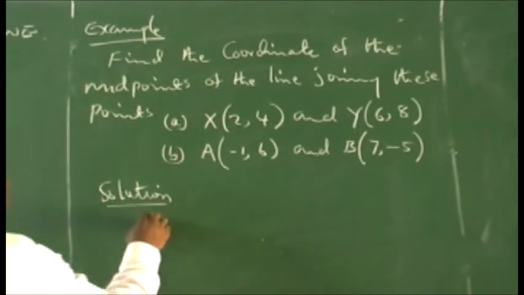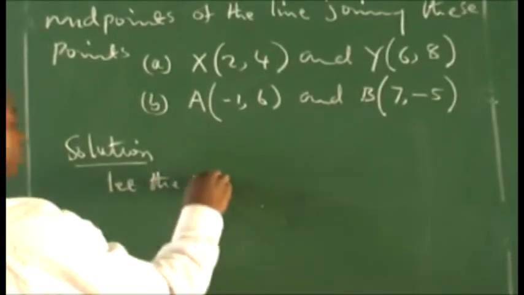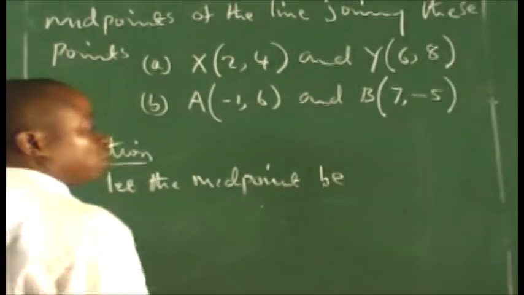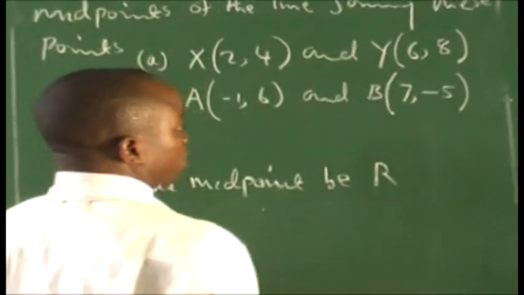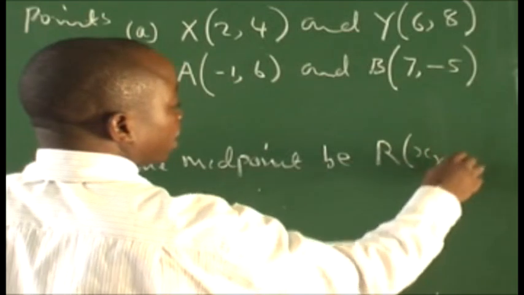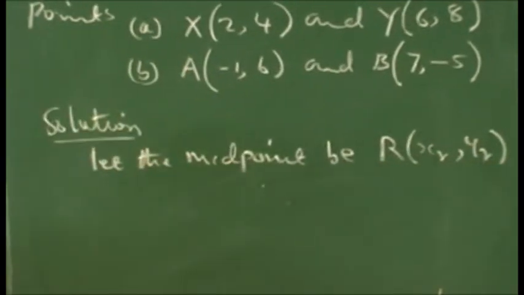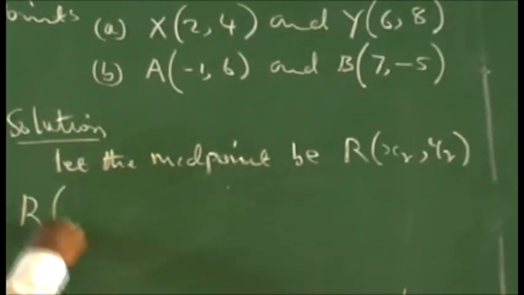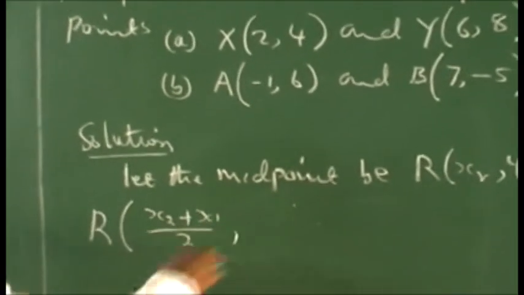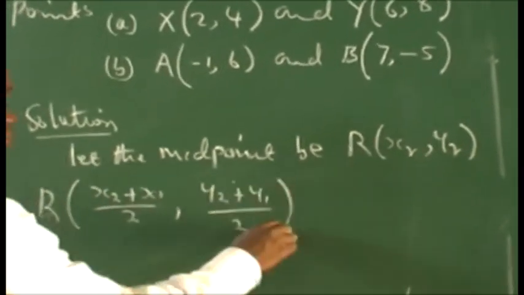We want to let the midpoint be R, so that I will have its coordinates XR and then YR. It means the coordinates of R will be S2 plus S1 all over 2, then Y2 plus Y1 all over 2. These are the coordinates.